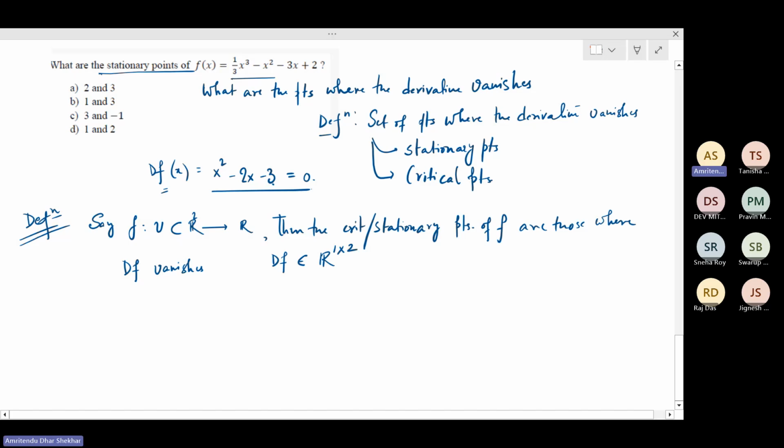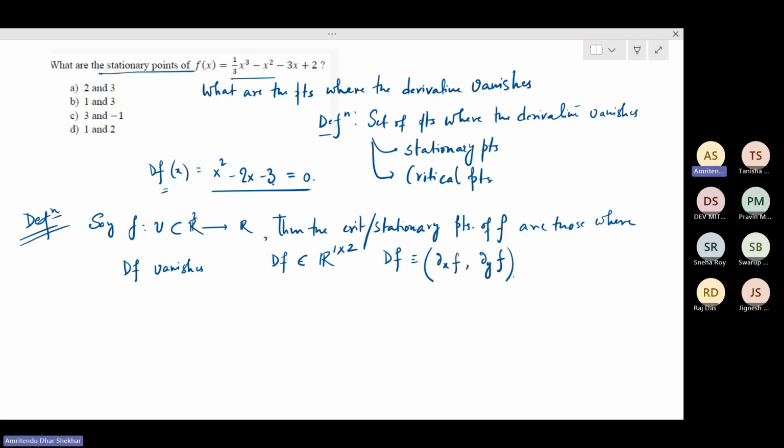And the entries of this matrix are del f upon del x and del f upon del y. This is the derivative of a function of two variables.